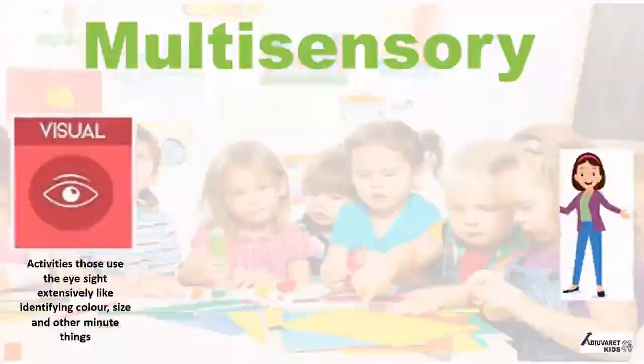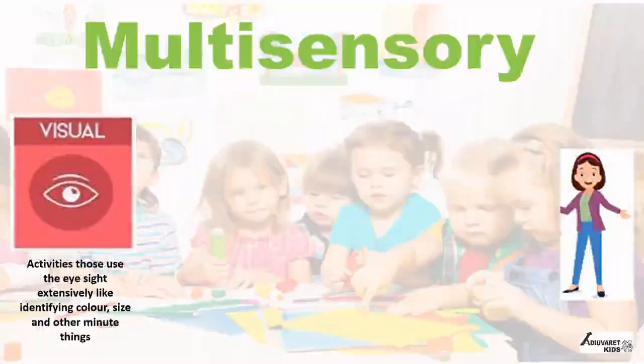Now, V stands for visual. Visual is one of the sense organs, or eyesight, and all the activities that use eyesight extensively, like identifying various colors in a particular picture, or identifying different sizes of different materials, or minute things that are there in a picture, or counting various objects, or various things where eyesight needs to be very focused.